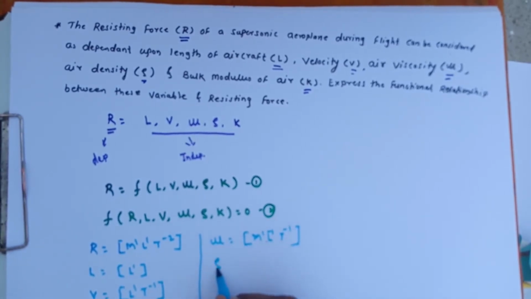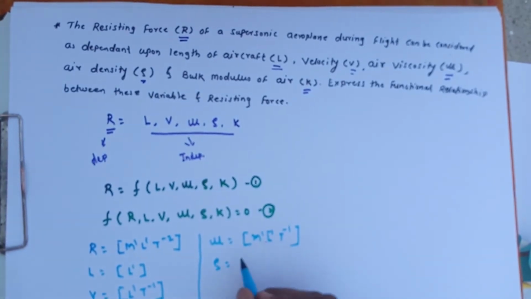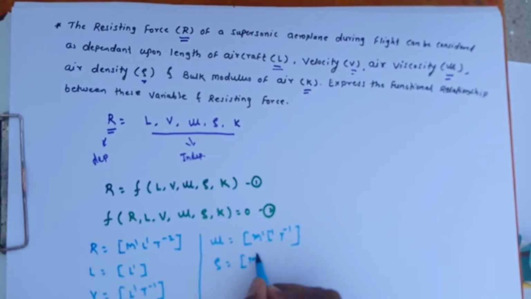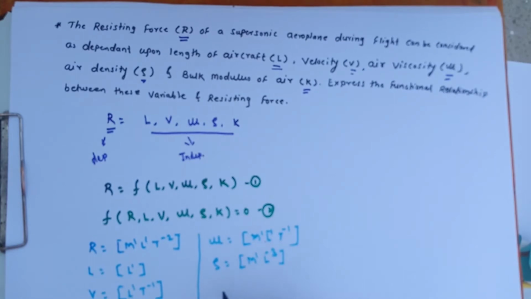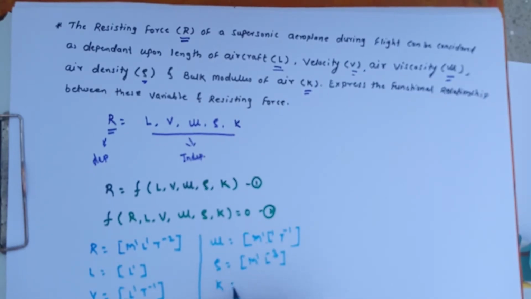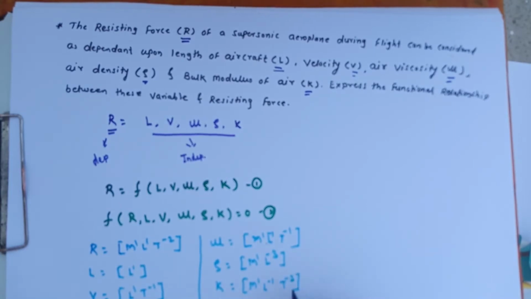Then air density, kg per meter cube, so M raised to 1, L raised to minus 3. Then bulk modulus of air, that is K. K is Newton per meter square, so M raised to 1, L raised to minus 1, T raised to minus 2.